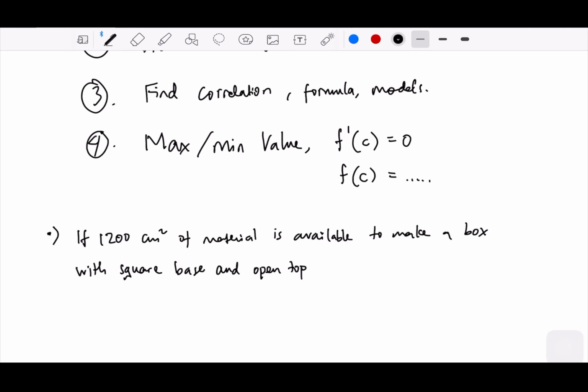Open top means without a top. Okay, open top. Find the largest possible volume of the box.